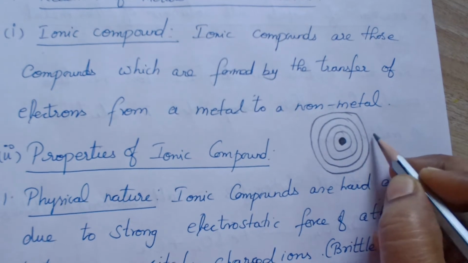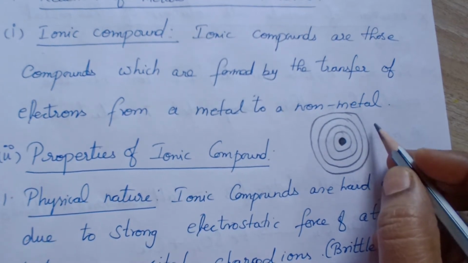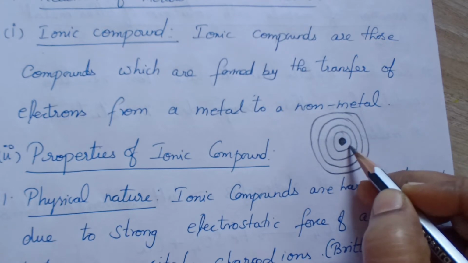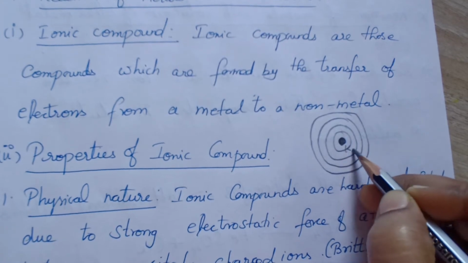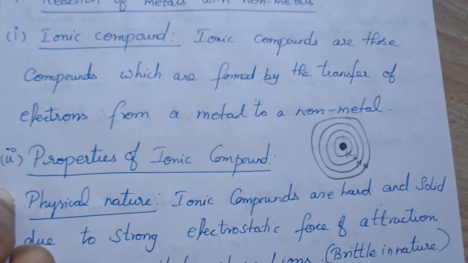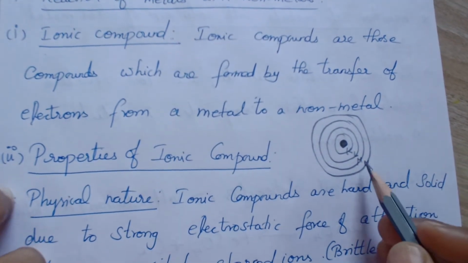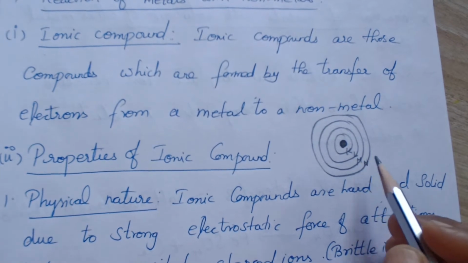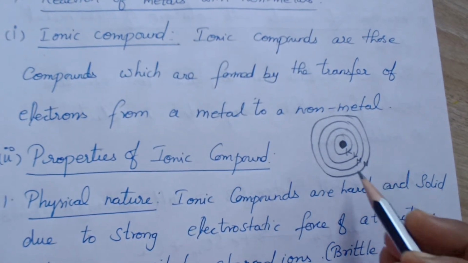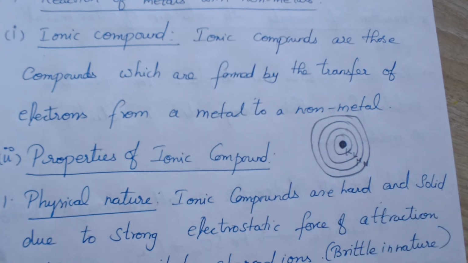It varies with 2n square. So based on the valence shell, the number of electrons present in each element gives the combining capacity of that element.